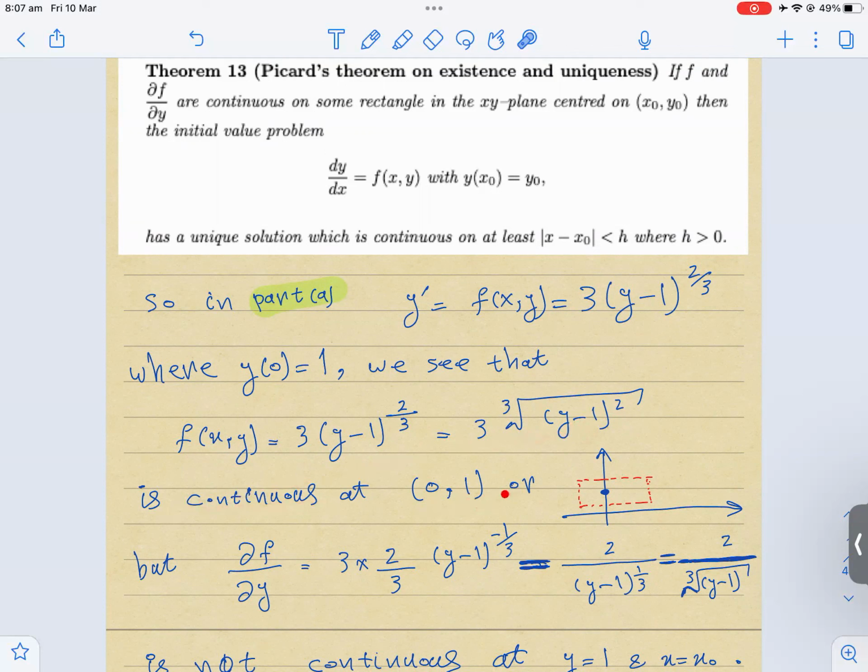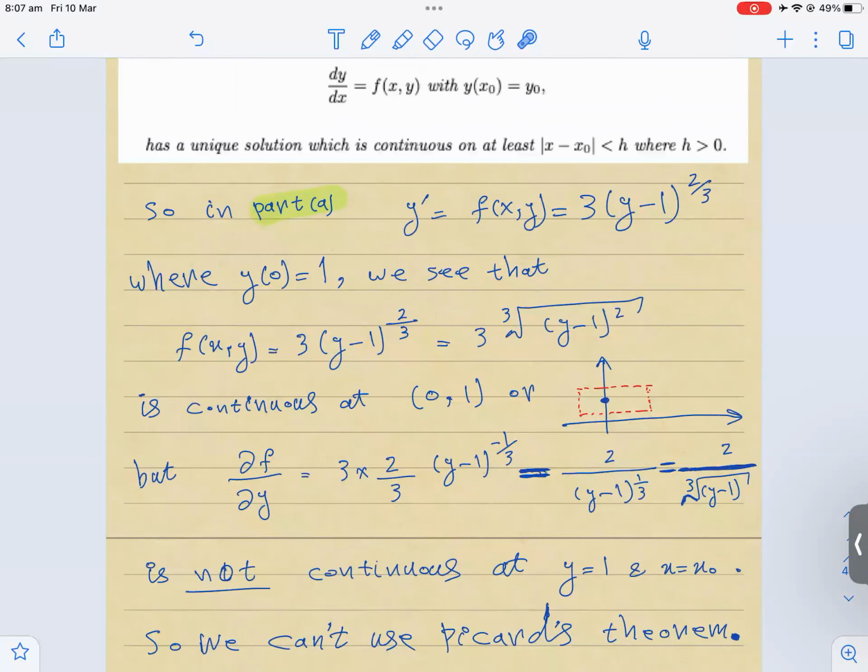So f is continuous, but the partial derivative of f in terms of y has a condition. When y is in the denominator, we have some problems. y minus 1 can't be negative, and y equal 1 can't be continuous.